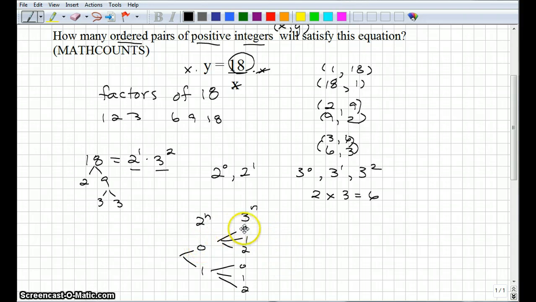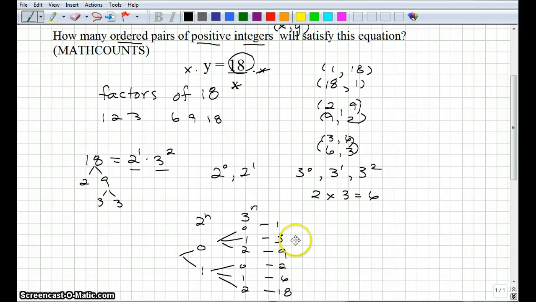2 to the 0 times 3 to the 0 gives you just 1. 2 to the 0 and 3 to the 1 is 3. 2 to the 0, 3 squared, that's 9. 2 to the 1, 3 to the 0, that gives you 2. 2 to the 1 and 3 to the 1 gives you 6. And 2 to the 1 and 3 squared gives you 18.